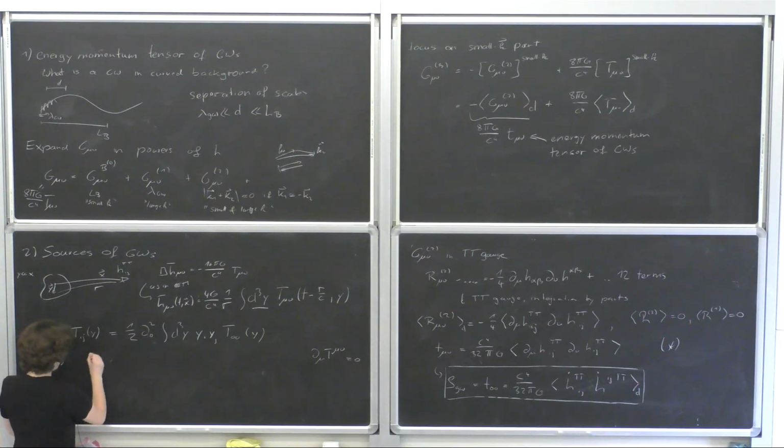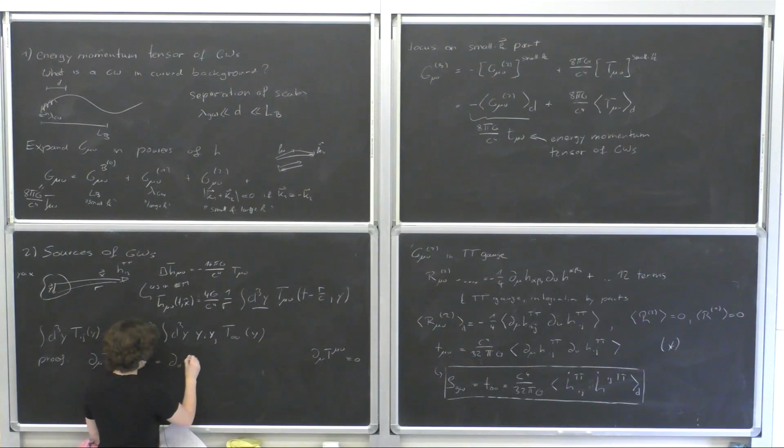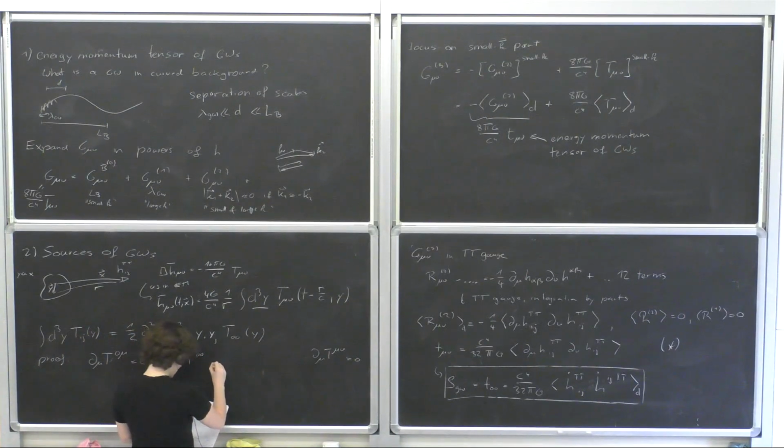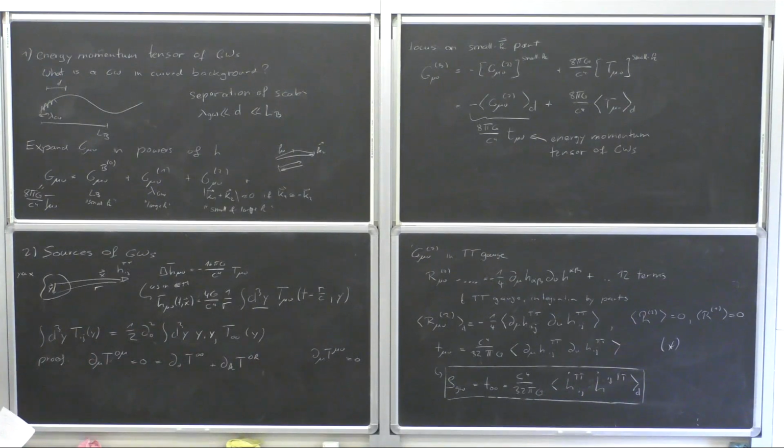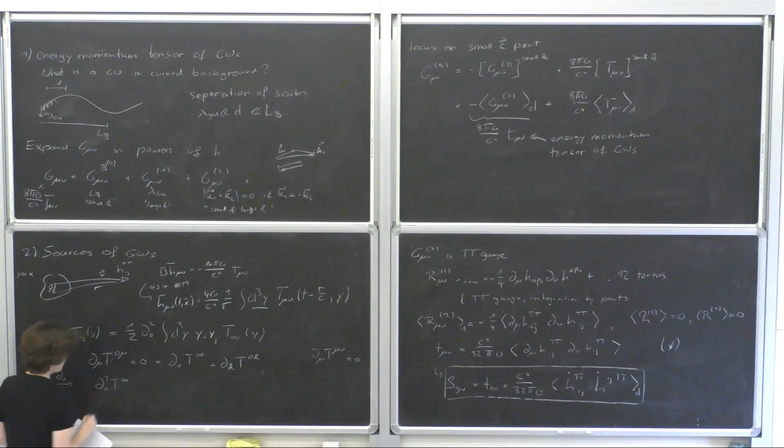So I start with ∂_μ T^{0μ}, which is 0 with the energy momentum tensor. I can write this as ∂_0 T^{00} plus ∂_k T^{0k}. I can now act with one more time derivative, so I get ∂_0² T^{00}, right?